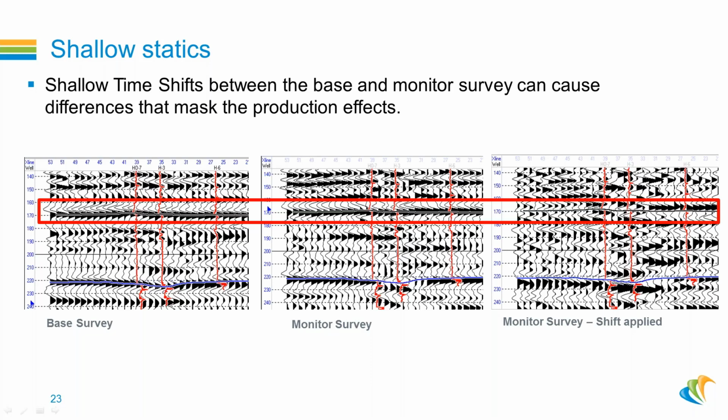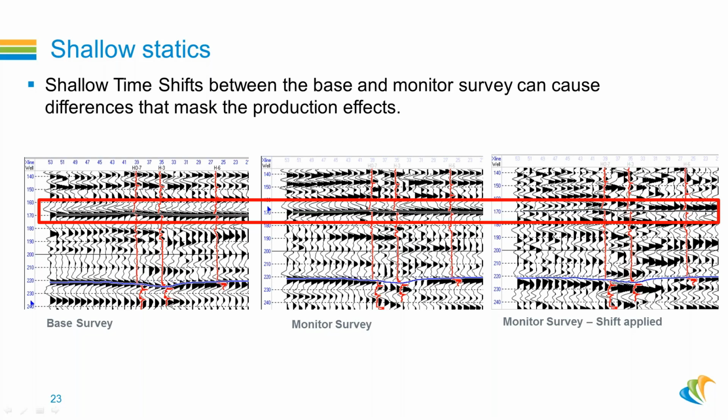So we check the shallow part. We have a base survey here, a monitor survey here, and a monitor survey with the shift applied here. You see that the shift has moved these data sets upward. So we need to remove that shallow statics, or shallow time differences, above the reservoir.